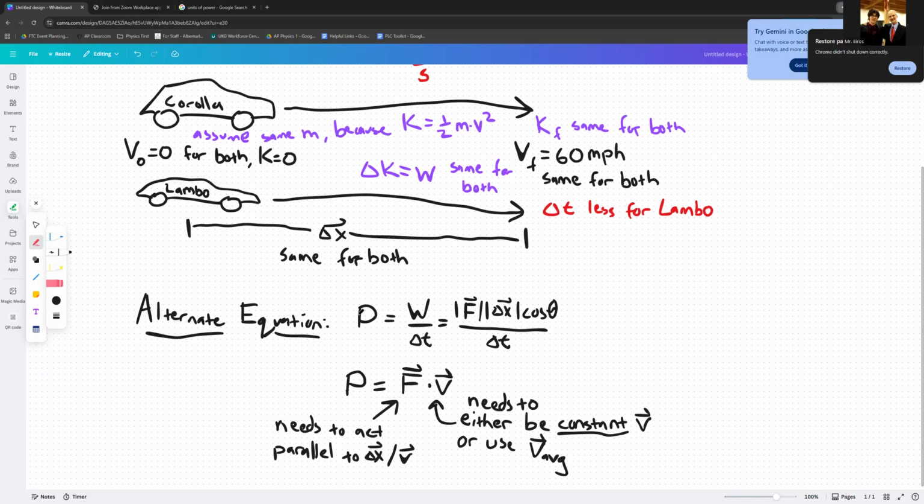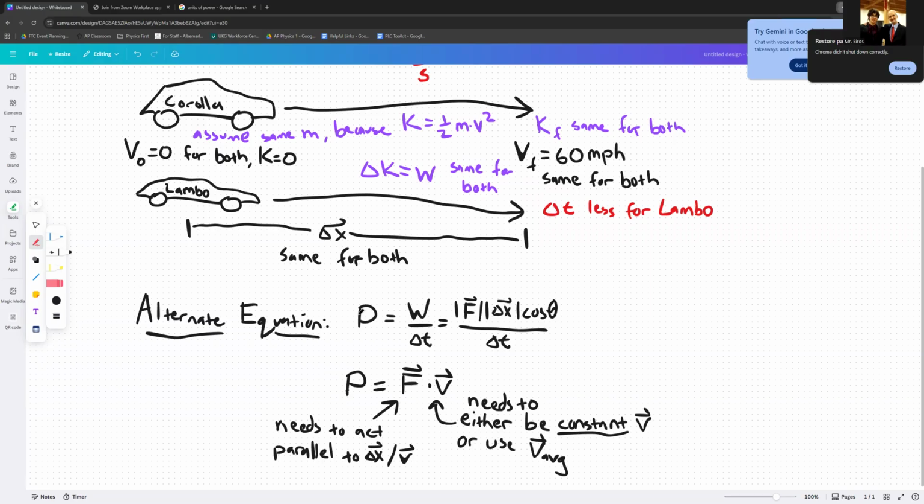Also, we could just make a quick note here. If your object moves to the right, your displacement is to the right, positive, and so is your velocity, because that's the direction it's moving. If your object moves to the left, its displacement is negative or to the left, and so is its velocity. So from unit 1, hopefully we know this as well, but displacement and velocity are always going to be in the same direction, unless you're looking at a longer period of time, and then it changes its velocity, and it was going to the right, and then it goes to the left, and there could be more involved things.